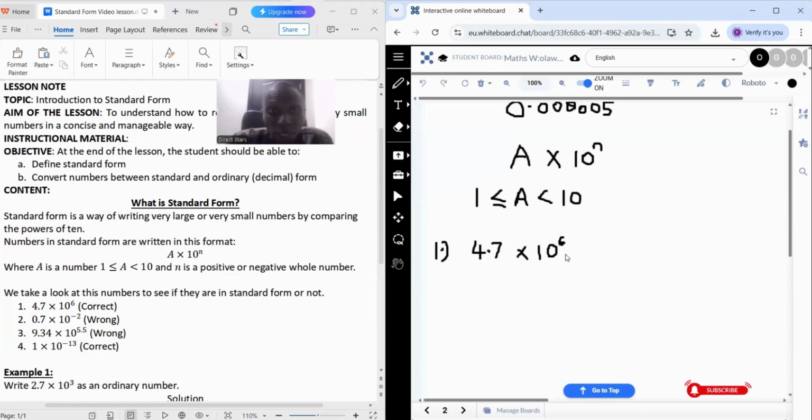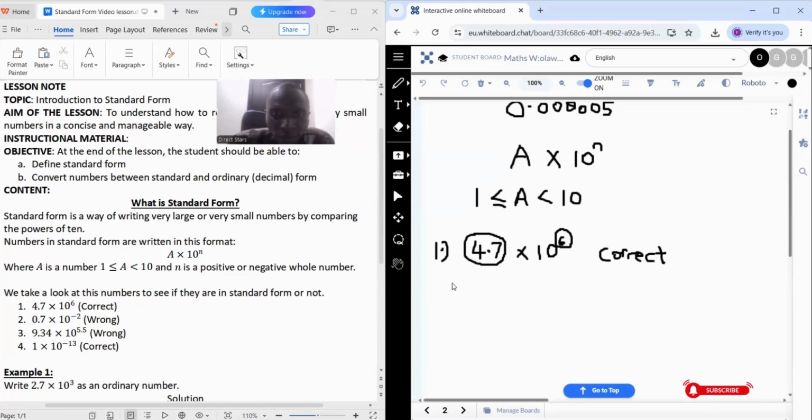If you look at the front number, which is a, it is less than 10. And if you look at the n, it also is a positive number. So we have this to be the correct form of the standard form. This is correct.